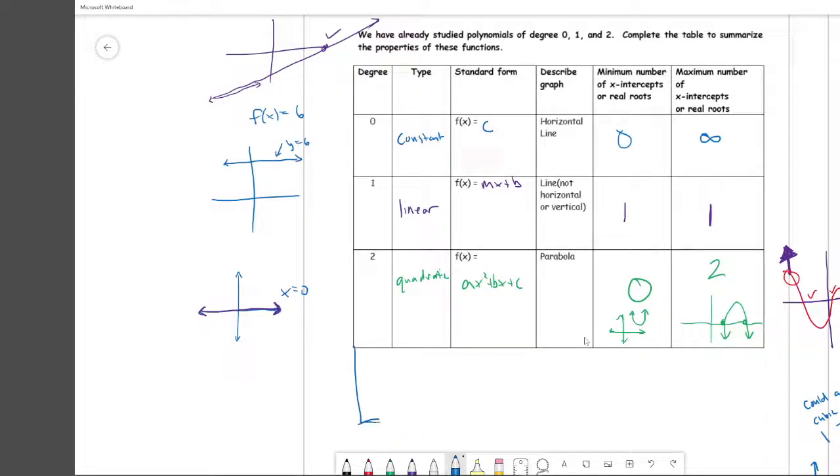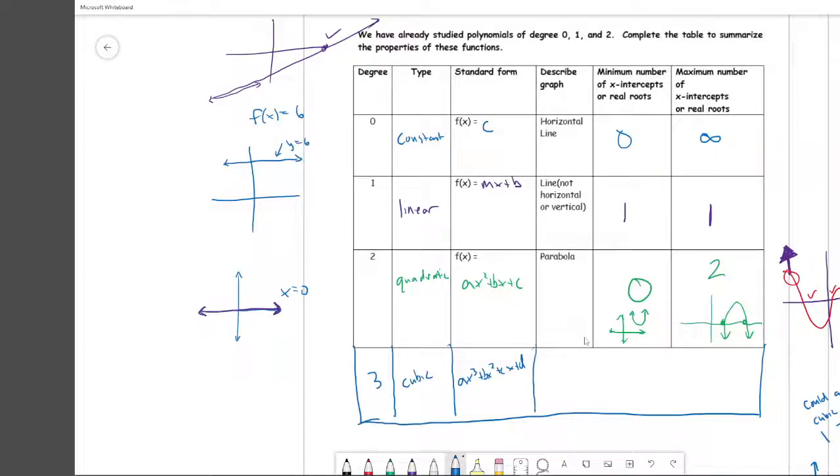Degree 3, cubic. What is the general form of a cubic? ax cubed plus bx squared plus cx plus d. The shape that it makes, S shape, whatever. The minimum number of x-intercepts was 1. The maximum number of x-intercepts was 3.